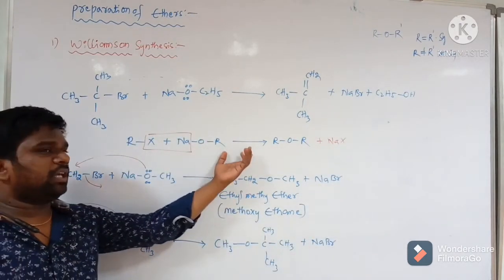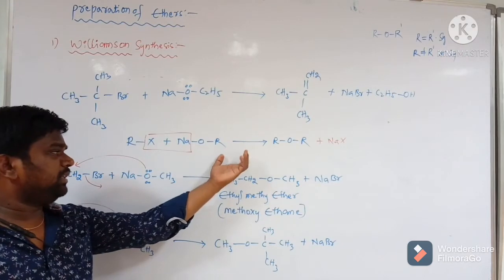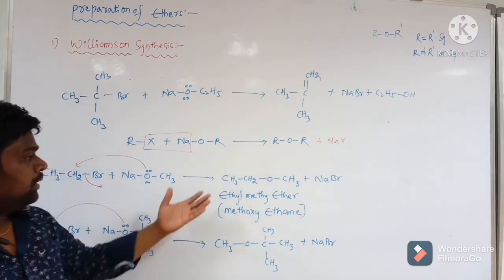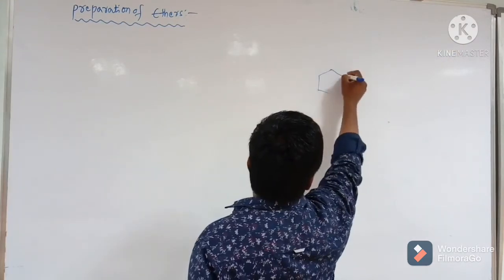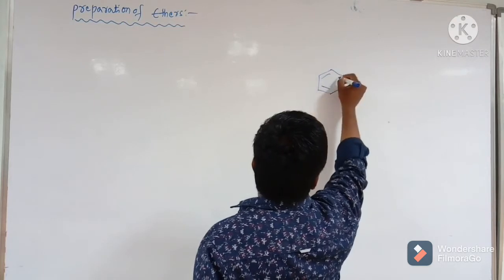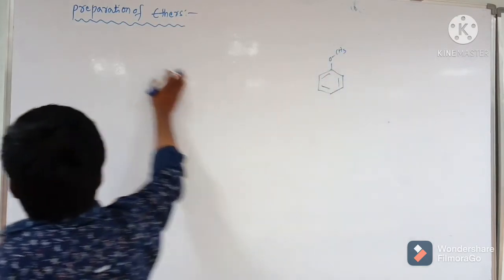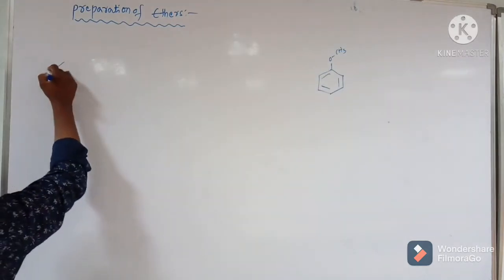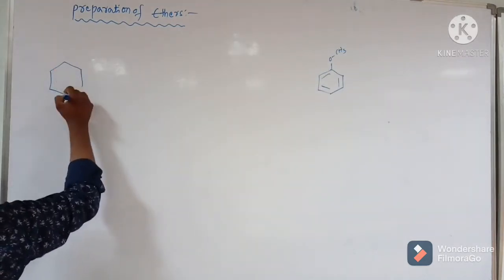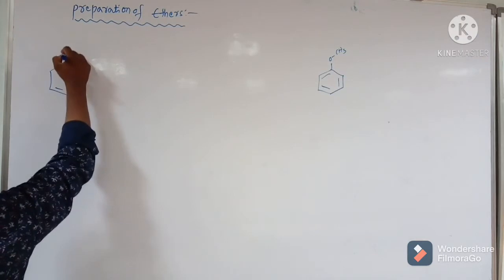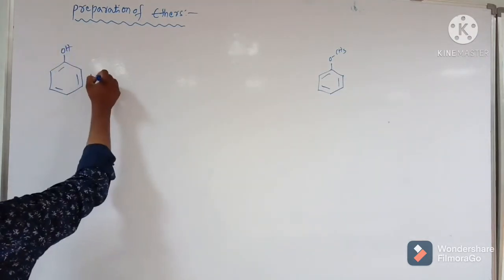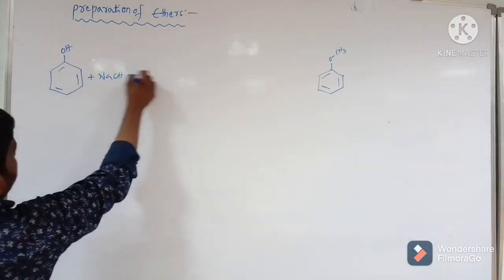By using this method, we prepare symmetrical and unsymmetrical ethers. For anisole, OCH3, we take phenol, OH. Phenol reacting with NaOH gives sodium phenoxide.